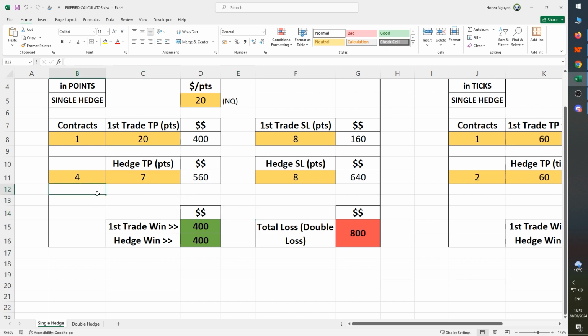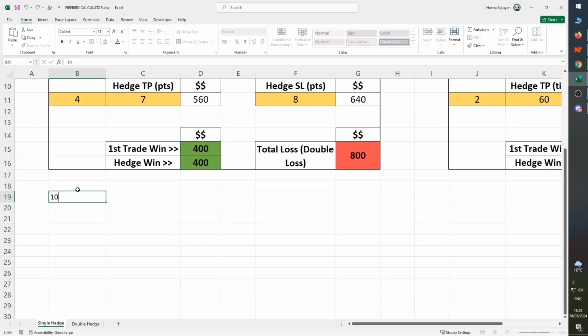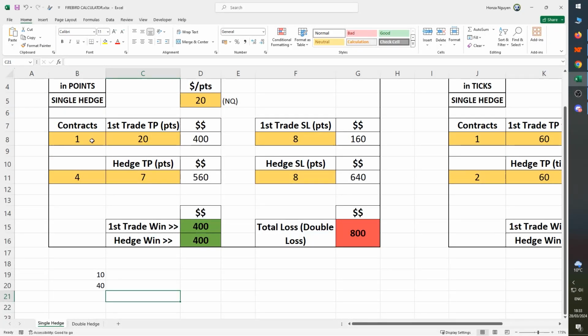I think it still eats up quite a bit because this is like 10 contract minis and 40 contract micros. And if you cut it in half, you'd be risking 400, right?